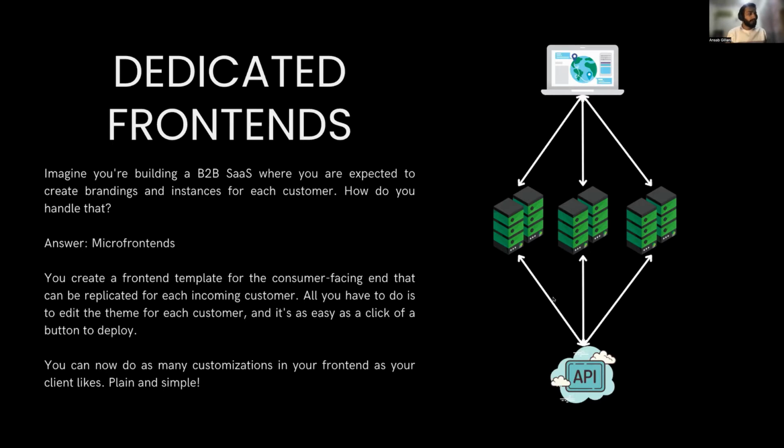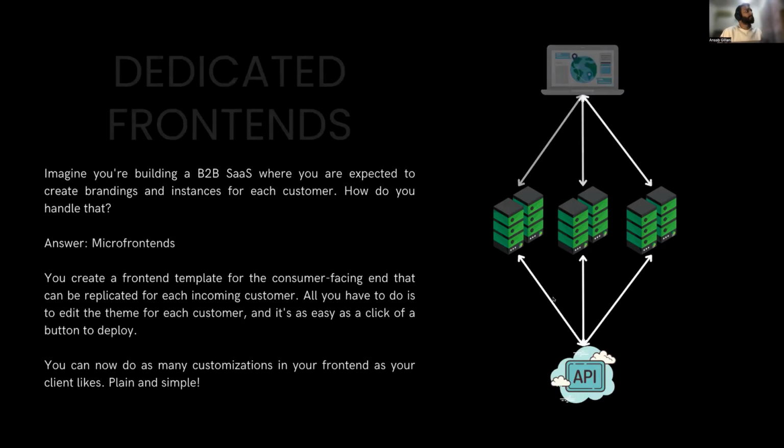And the main part is you can do as many customizations for each and every different customer as you want. So you don't have to worry that something is going to break your system, or that some customization for one customer is going to affect another customer. So that's one of the biggest advantages of dedicated front ends.